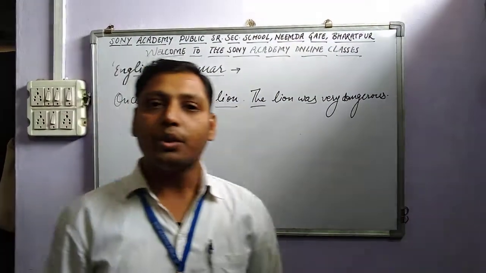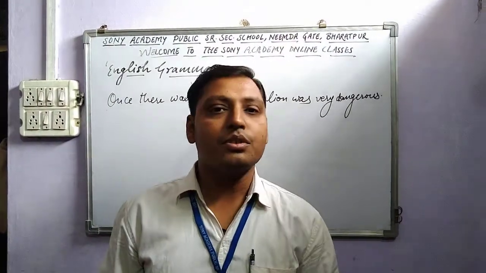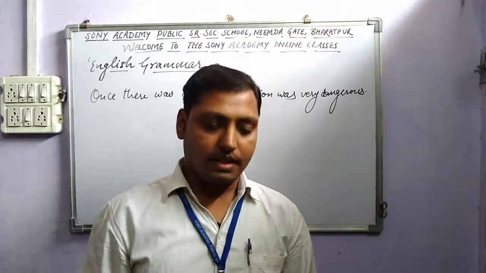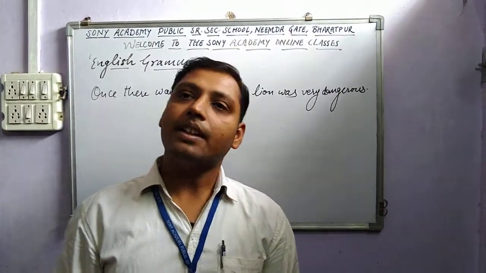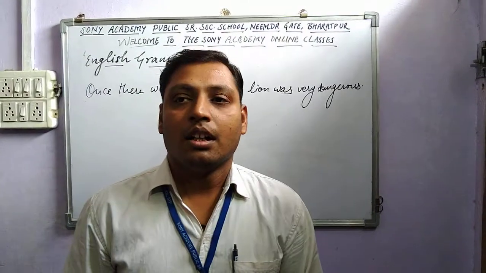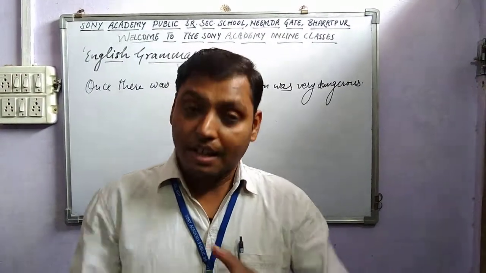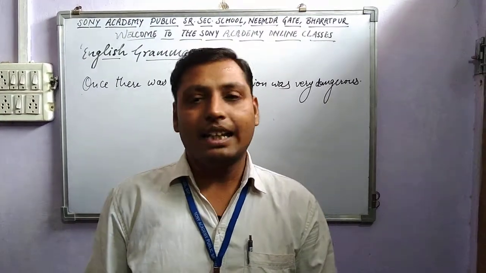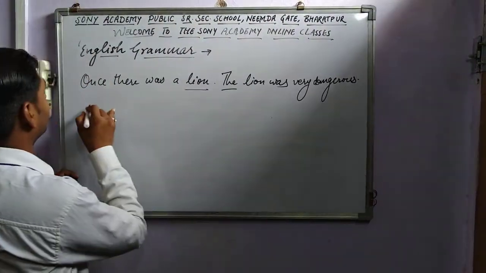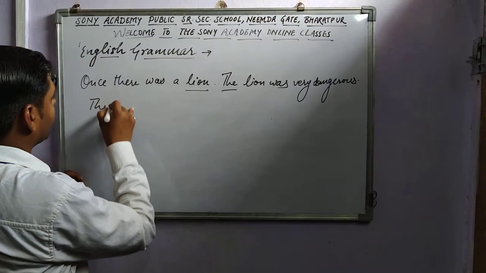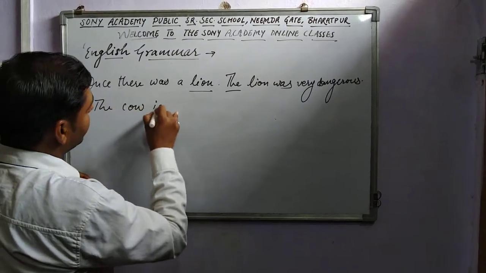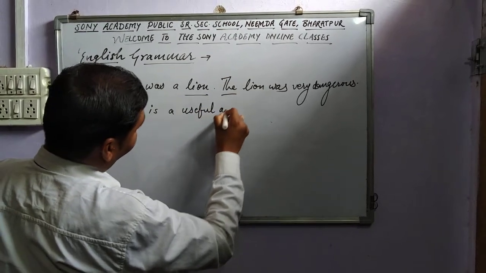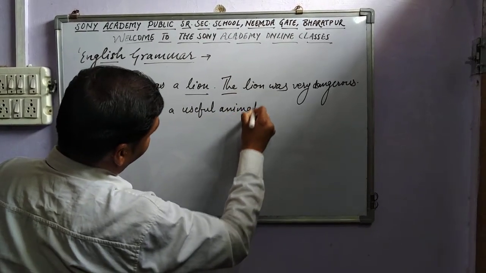Now we shall talk about the next use of the definite article the. This article is also used to tell about a class of things or animals or people. Like in this sentence, the cow is a useful animal.